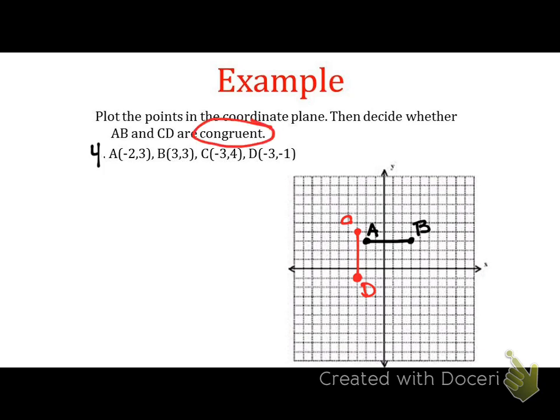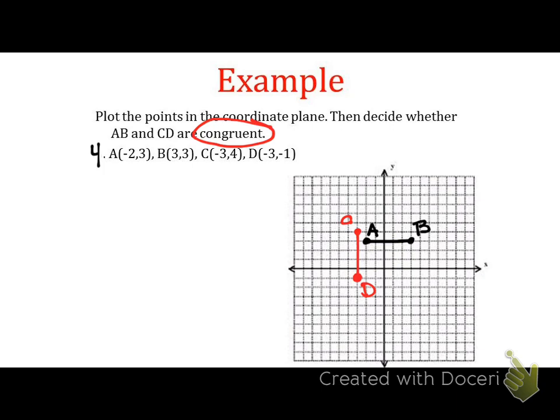Congruent means what? Same length. Now, length is really easy to find on a coordinate plane because you can just count the number of spaces. So 1, 2, 3, 4, 5.